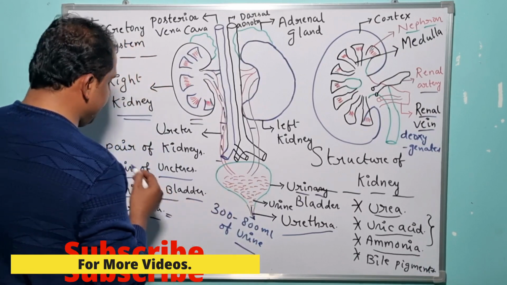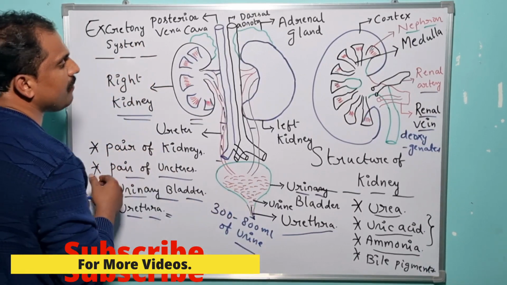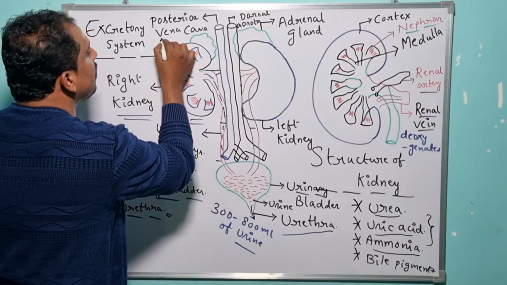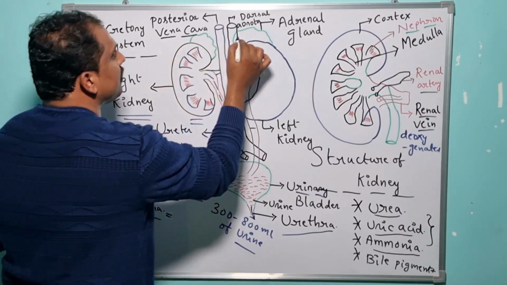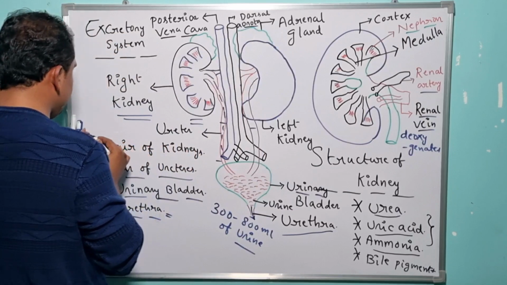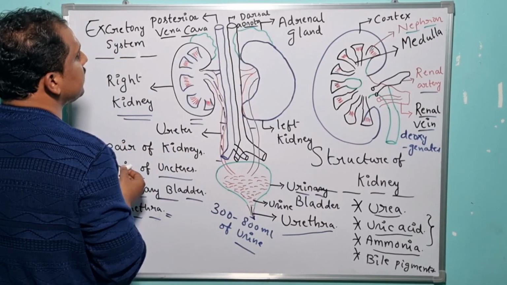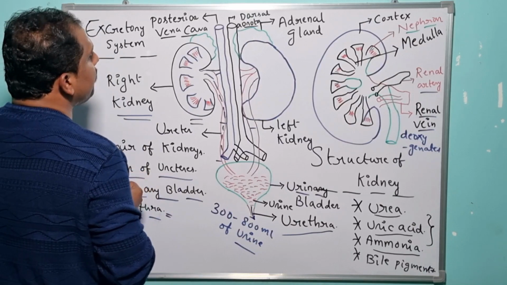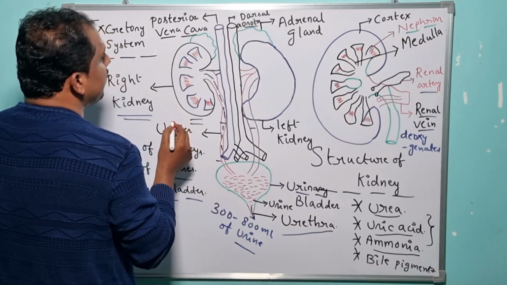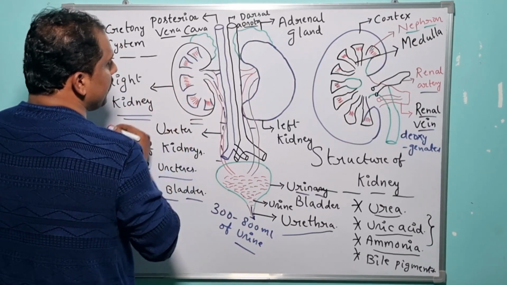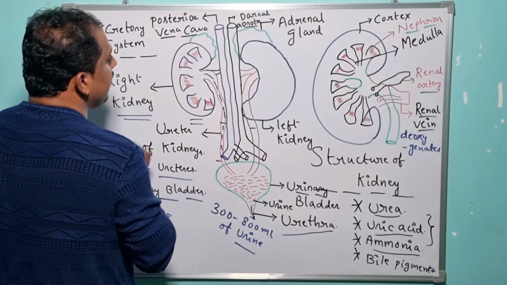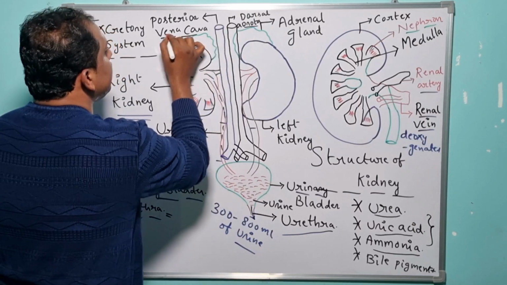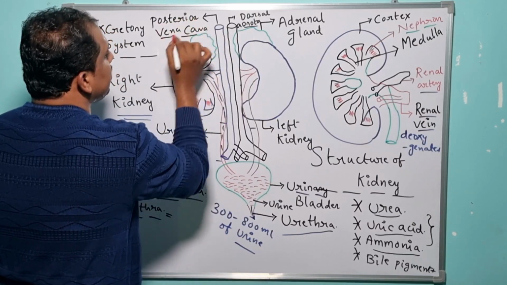So here, in addition to the various components of the excretory system, we need to understand the role of the posterior vena cava and the role of the dorsal aorta. The posterior vena cava is responsible for giving up the deoxygenated blood. That means the blood which is to be filtered in the kidney is acquired by means of the posterior vena cava.